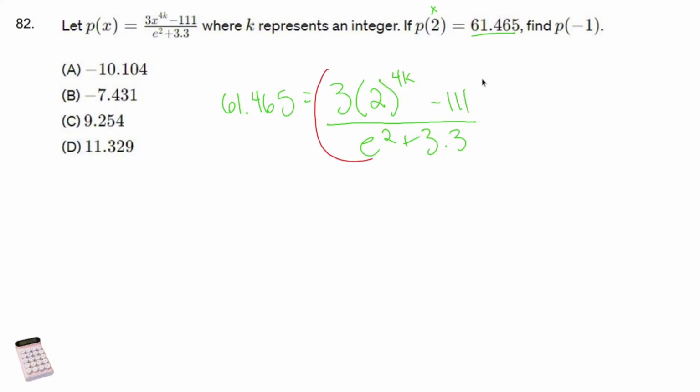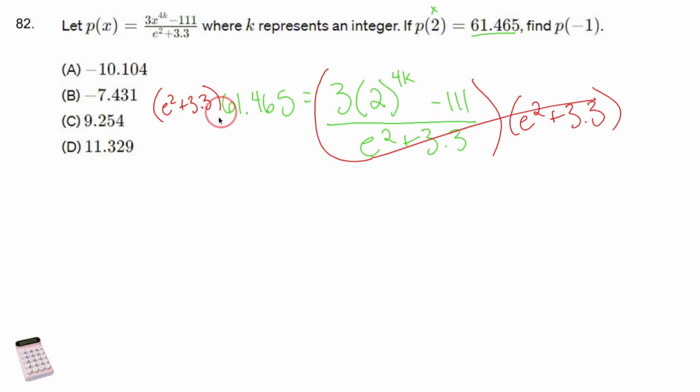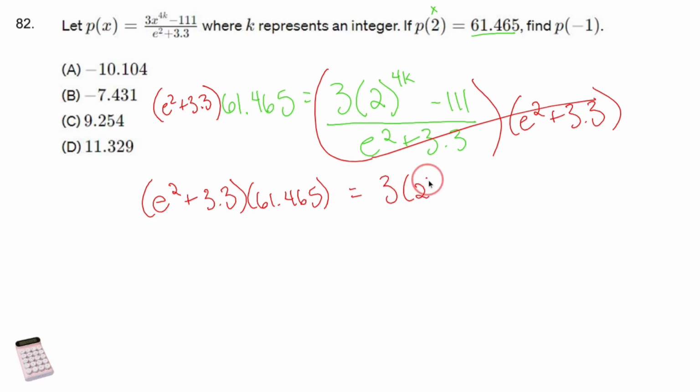I'm going to multiply both sides by whatever e squared plus 3.3 is. That allows that to go away. So now what I have is e squared plus 3.3 times 61.465 equals 3 parentheses 2 to the 4k minus 111.